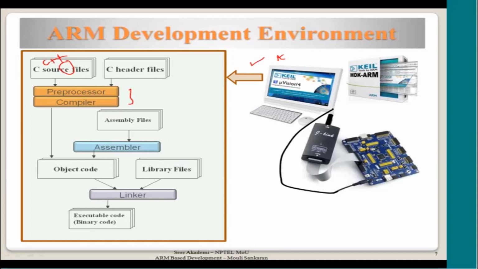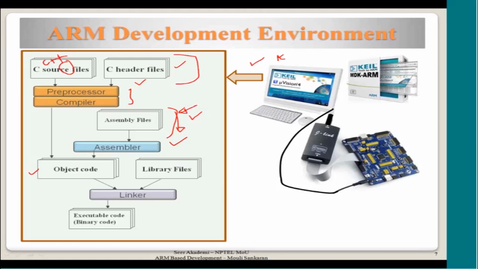There are C header files, and what it generates is object code. And maybe we can have an assembler also, which takes in assembly files. You may wonder which things will be in C source and which will be in assembly. Normally, the time critical modules will be implemented in assembly, and most of the functionalities will be implemented in a higher level language.